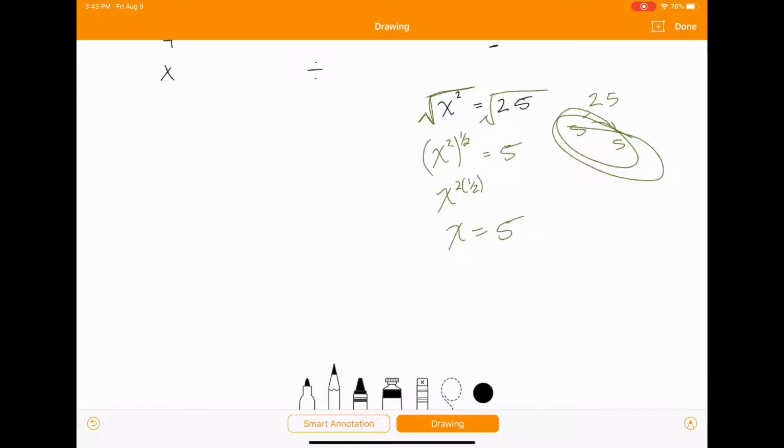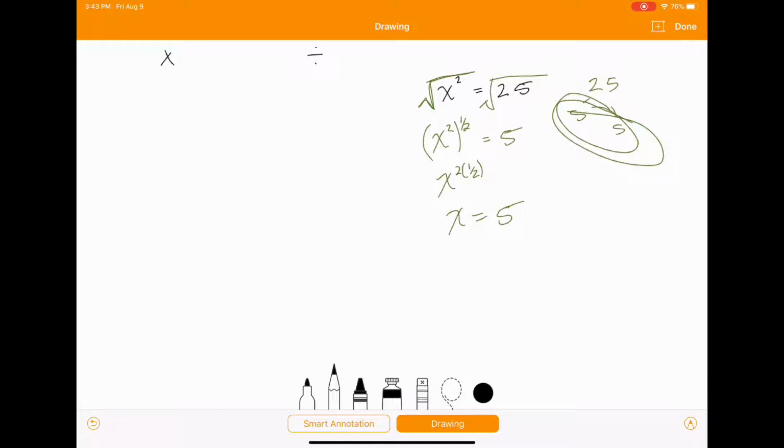Now, that also applies if you've got something, say you've got the square root of x equals 6, and you need to get x all by itself, you can come in and square both sides.